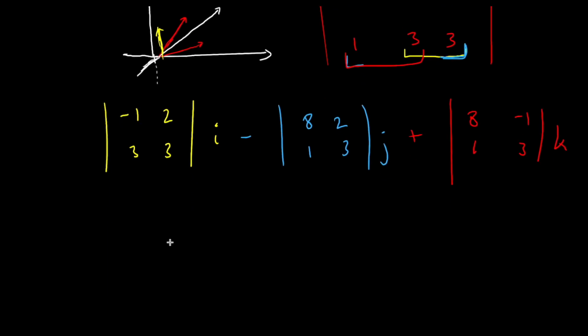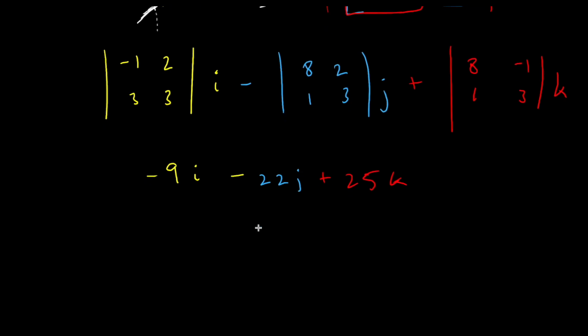So computing the determinants, I have negative 3 minus 6, which is negative 9, i, minus 24 minus 2, which is just 22, j, plus 24 plus 1, which is 25k. So this means that my vector is negative 9, negative 22, and positive 25.